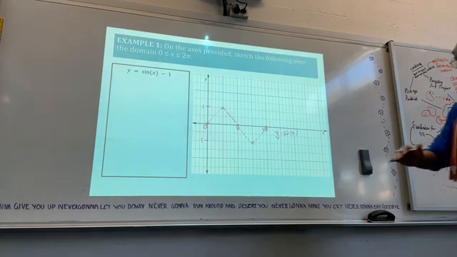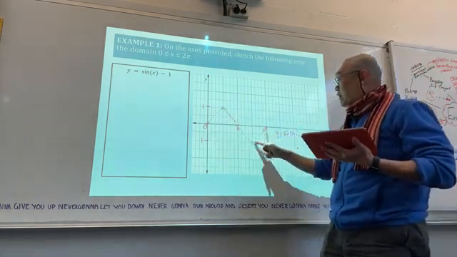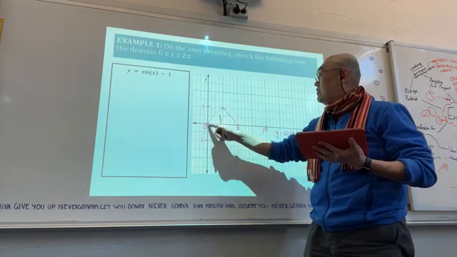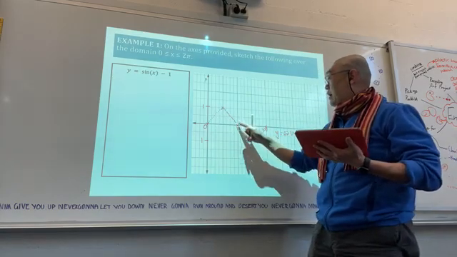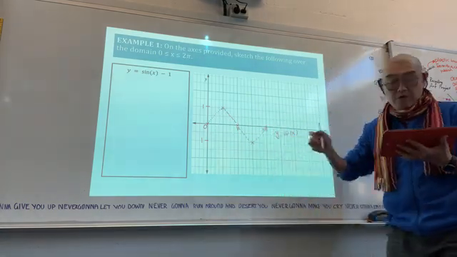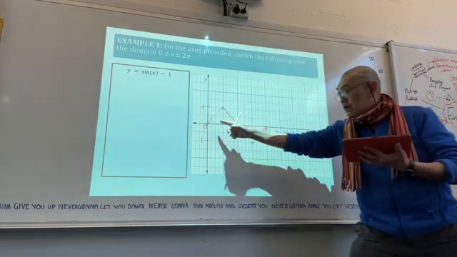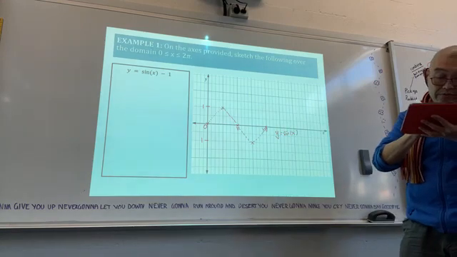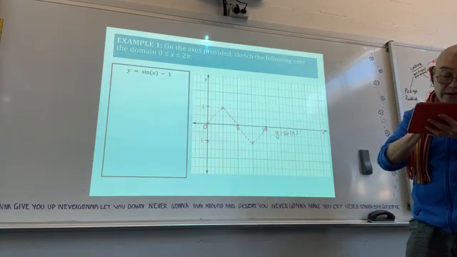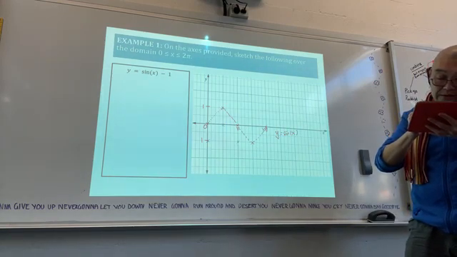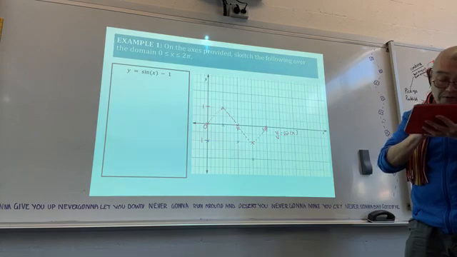Now, look at the important points, starting off with 0, 1, 0, minus 1, and 0. What I would do is just translate it down by 1. So this will now be minus 2.